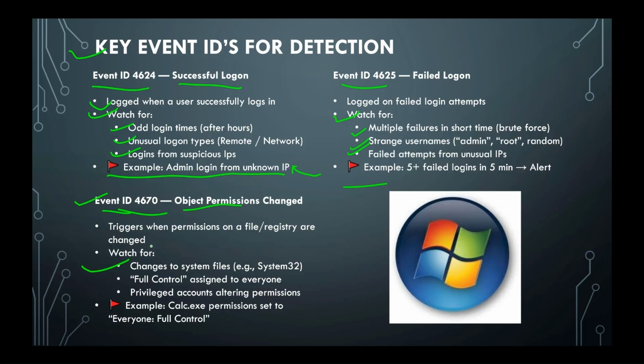Changes to sensitive files or directories, especially Windows system files, permission changes involving high privilege accounts, abnormal user access to critical system objects. And what are the detection tips? Monitor changes to critical system files or directories and alert if full control is granted to a non-administrative account.